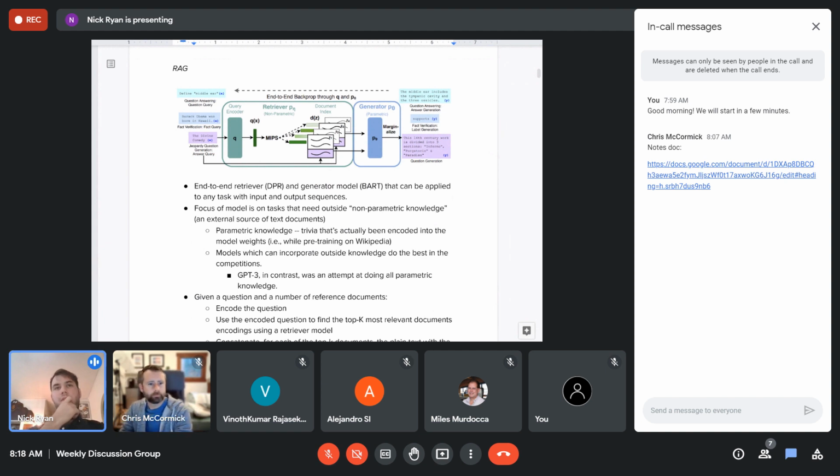That means fine-tuning the BERT generator and also fine-tuning the query encoder, which is half of DPR. We'll look at that in more detail, but this illustration from their paper, and their blog post, is a good way to get an overview of what's going on.